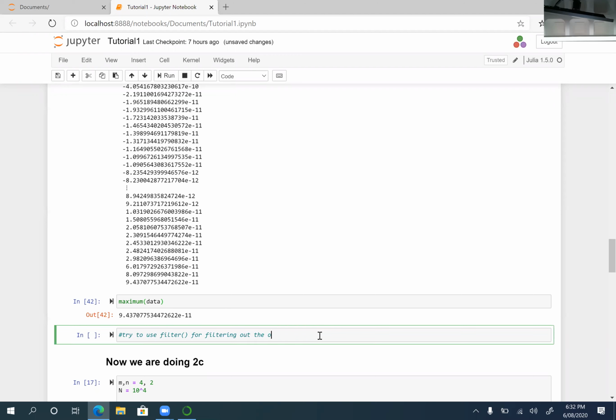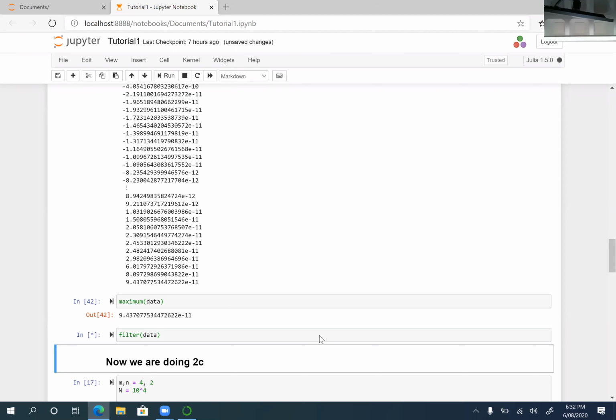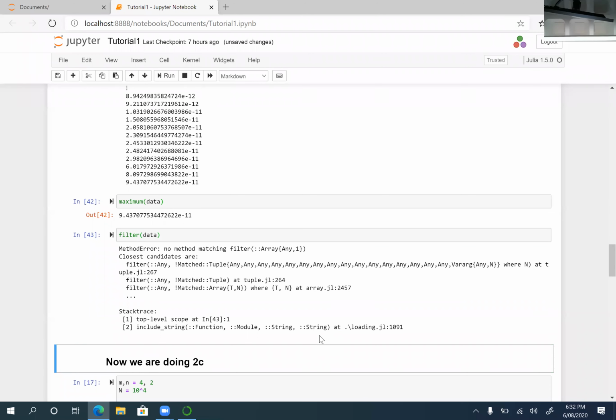And I'll probably just get some error message, but let's have a go. Filter data. All right, so we're running it, and yep, it looks like I definitely get an error message.